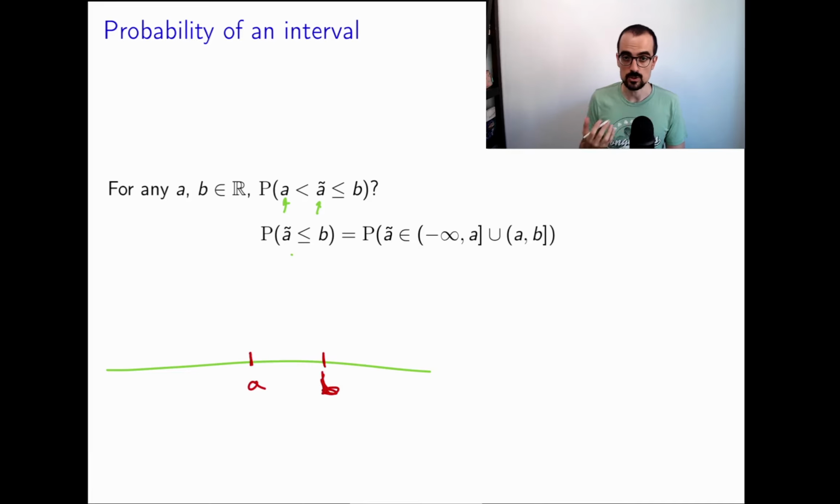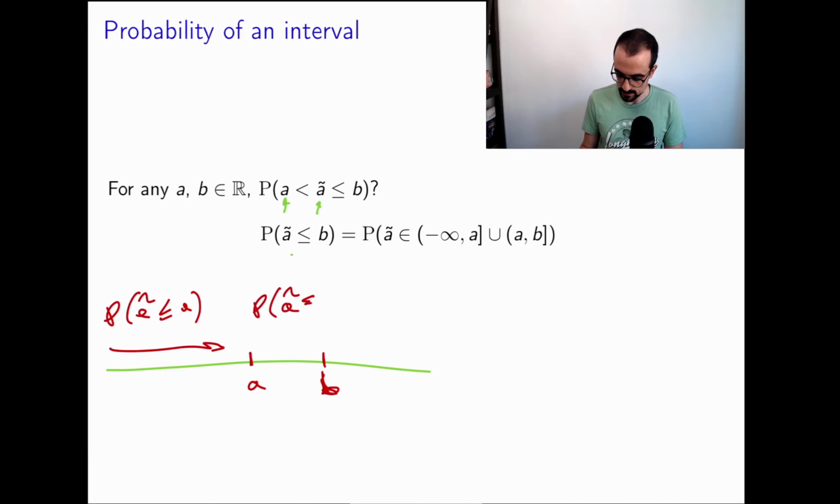And my strategy is going to be essentially the same as before. I'm going to say the probability that squiggly A is smaller or equal to a, plus the probability that A is between a and b, basically covers the probability that squiggly A is smaller or equal to b.